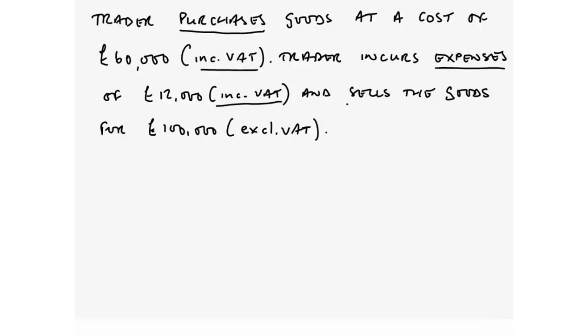Our business has then gone on to sell those goods for £100,000 at the moment exclusive of any VAT charge. So let's have a little look at how we would deal with this. First of all, let's assume that the business makes taxable supplies.